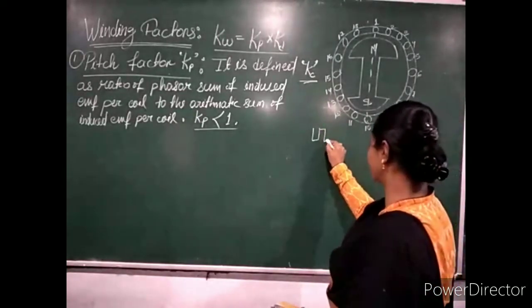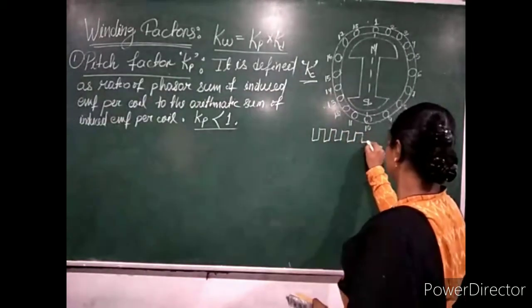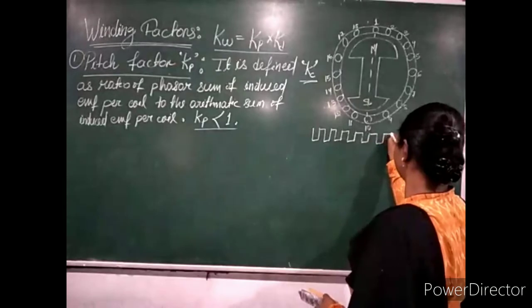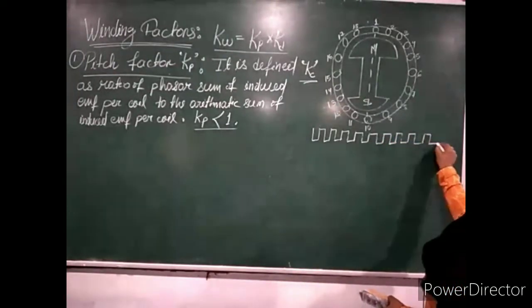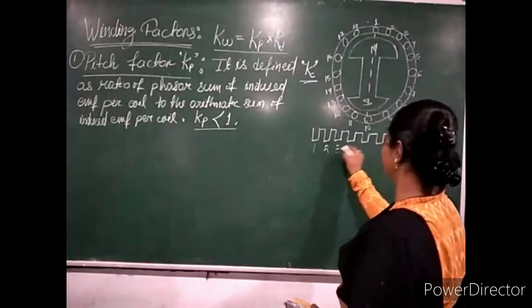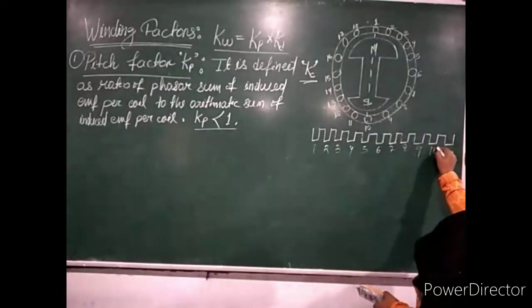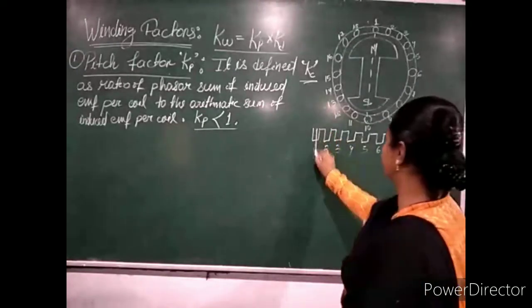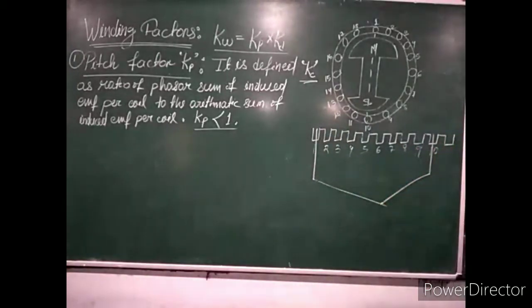Let us first draw the slot diagram. 1, 2, 3, 4, 5, 6, 7, 8, 9, 10. In between slot 1 and 10, I place a coil.